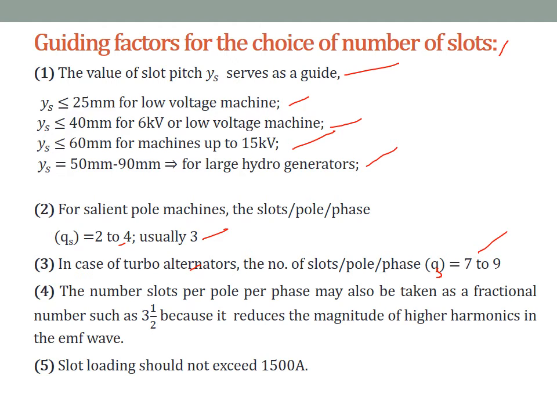The fourth guiding factor: the number of slots per pole per phase may also be taken as a fractional number such as 3.5, because it reduces the magnitude of higher harmonics in the EMF wave. And fifth guideline, the slot loading should not exceed 1500 ampere. These are the 5 guidelines for selecting the slots.